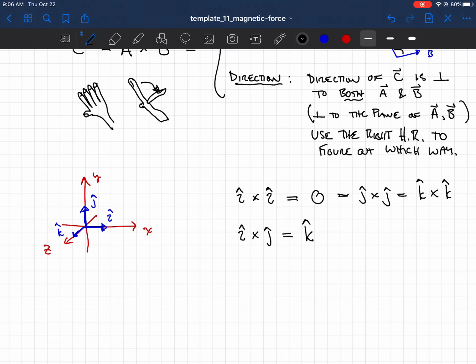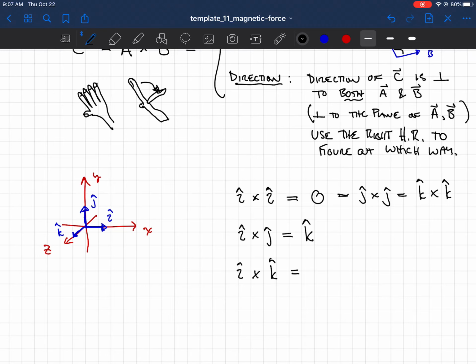Let's try one more. How about i hat cross k hat? Well, put your fingers in the direction of the x-axis. So the fingers of your right hand to the right across the page. Now I want to close my fingers in the direction of k hat, so that means I need to twist my wrist all the way around, sort of dislocate my shoulder so that I can close my fingers out of the page.